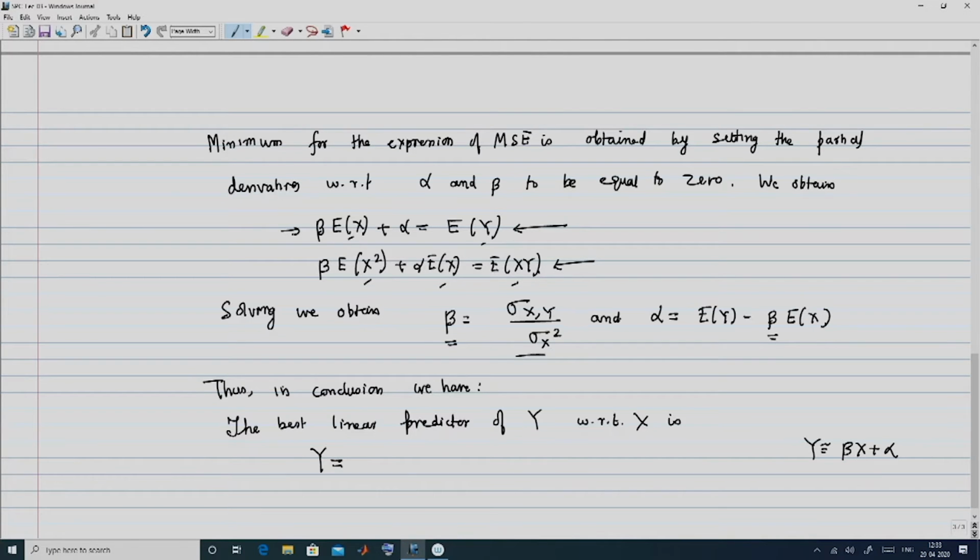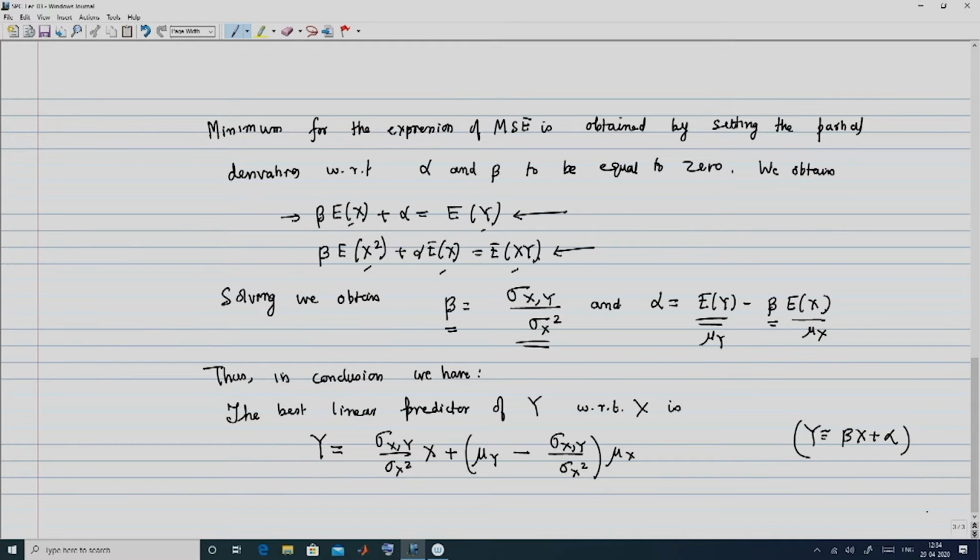So, what is beta? I have calculated my beta to be sigma xy over sigma x square, into x plus alpha. So, what is alpha? Alpha is E of y. I will denote this by mu y and this by mu x for consistency of notation. So, this is going to be mu y minus beta, which is sigma xy over sigma x square, into mu of x.